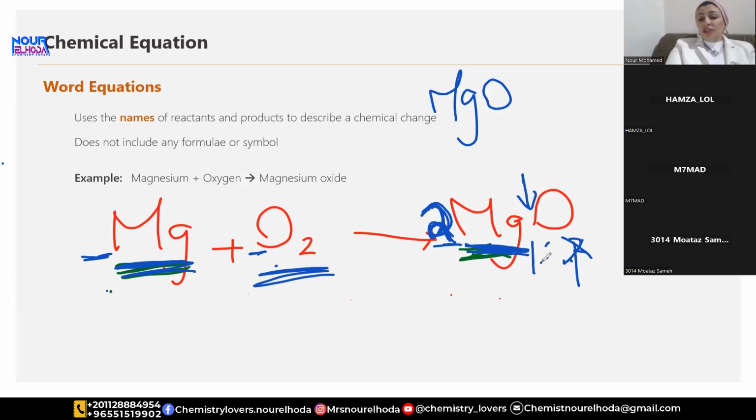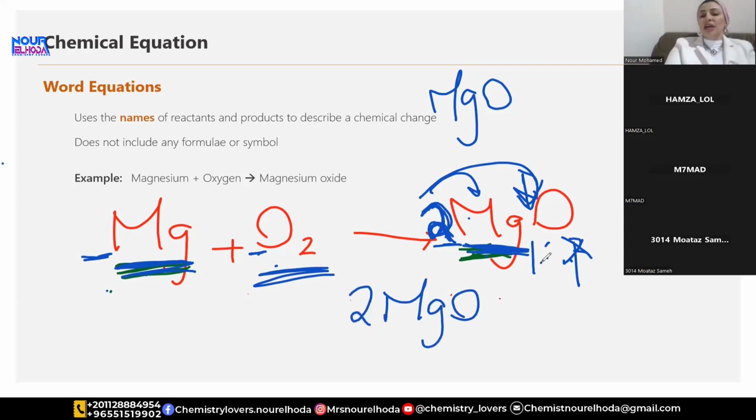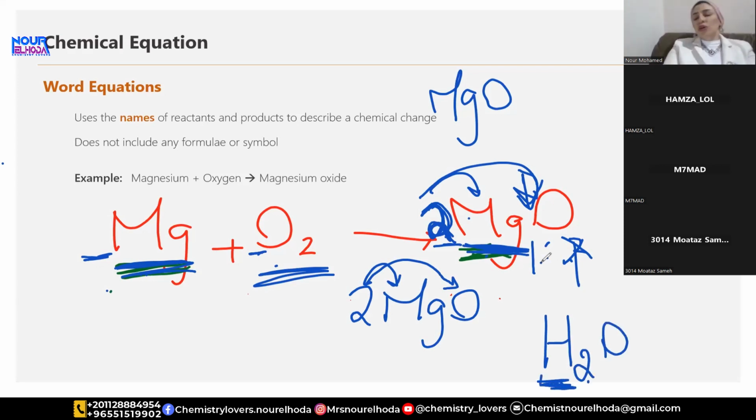As you see here, I have 2 Mg and 2 O. Listen to this trick. When I have MgO and the 2 is outside, it automatically joins the Mg and the O. But when I have, for example, H2O, the 2 is for the hydrogen only and not for the oxygen.